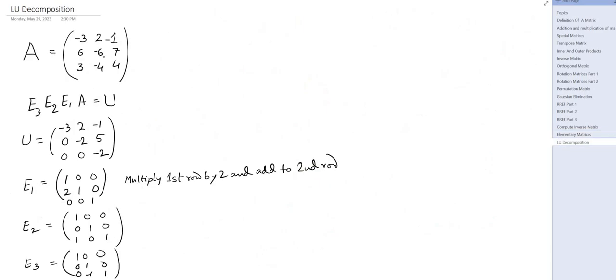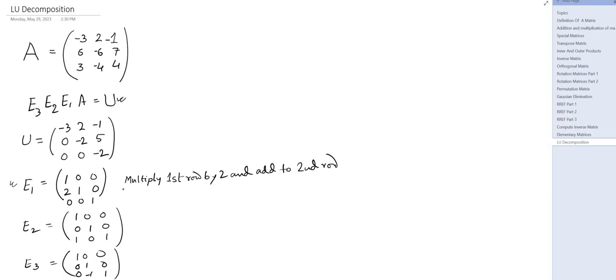In short, if I recap that lecture: if you have a matrix A, then using the Gaussian elimination method we can create an upper triangular matrix. We all know that, and those steps we can represent as elementary matrices.